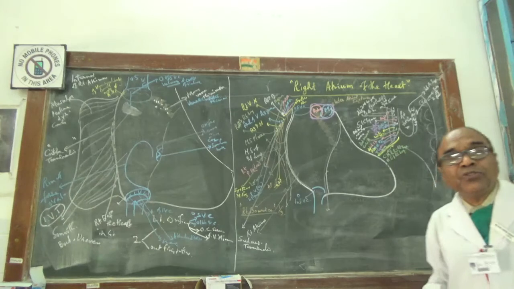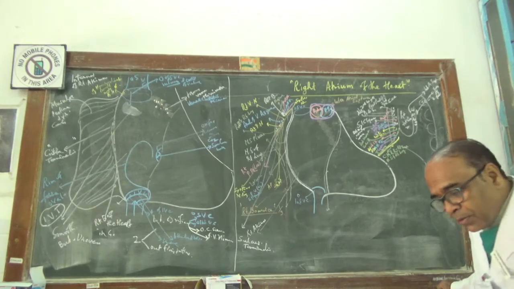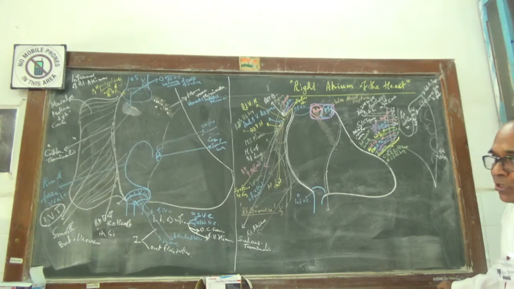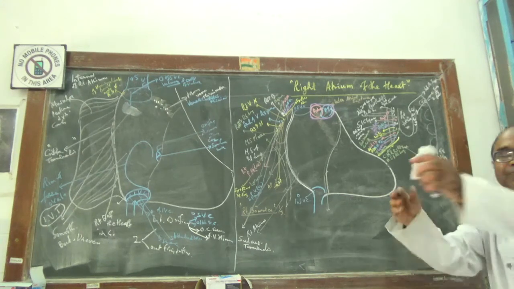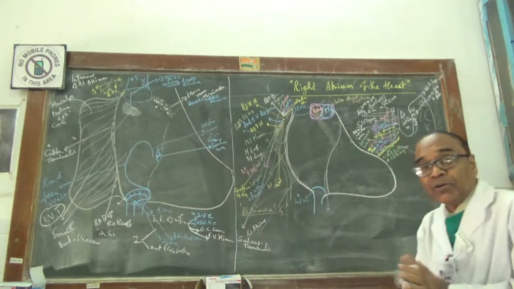Now this intervenous tubercle is very faint, not well marked in humans, but in all quadrupeds, meaning four-legged animals, it is much more well developed.